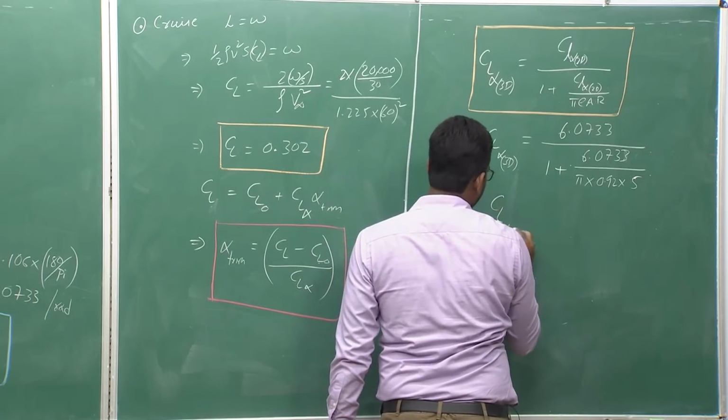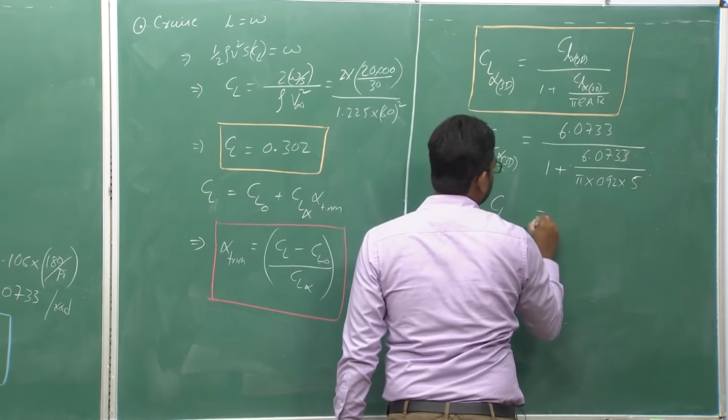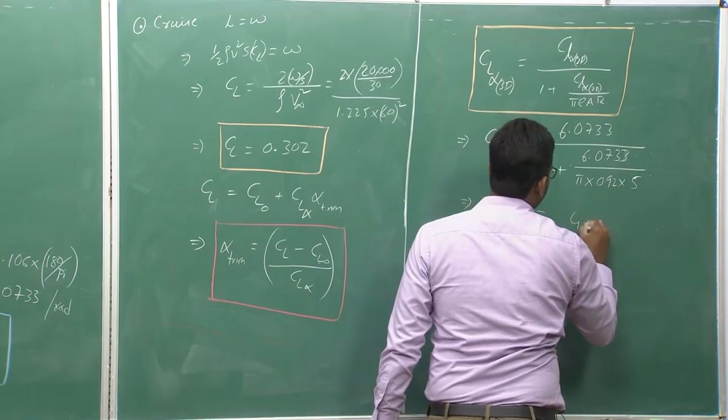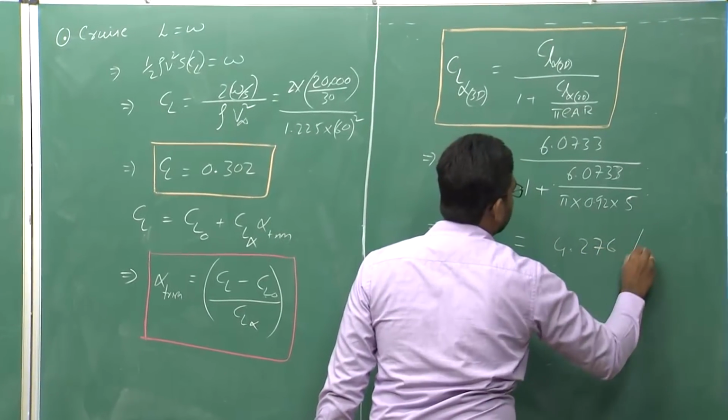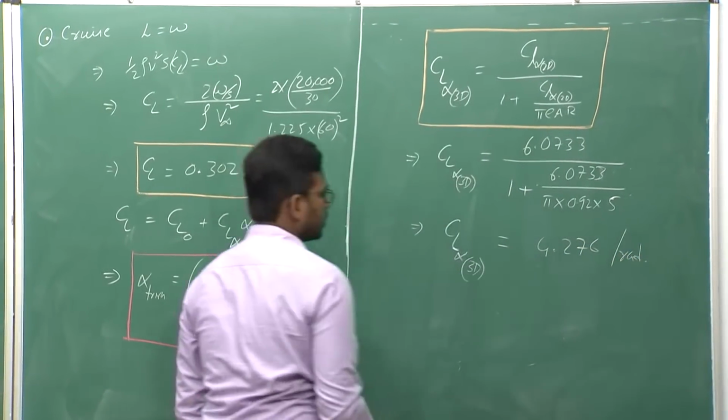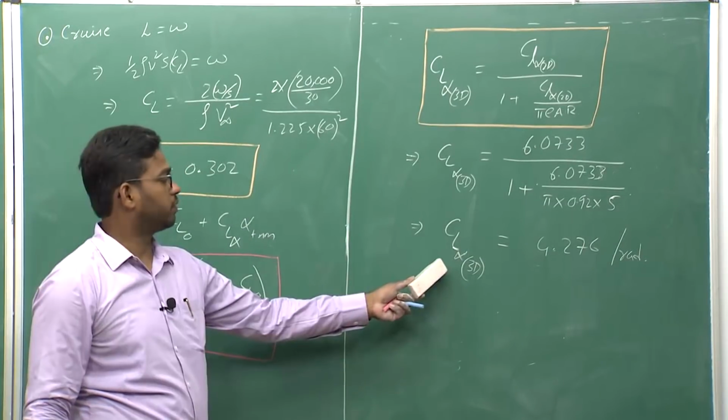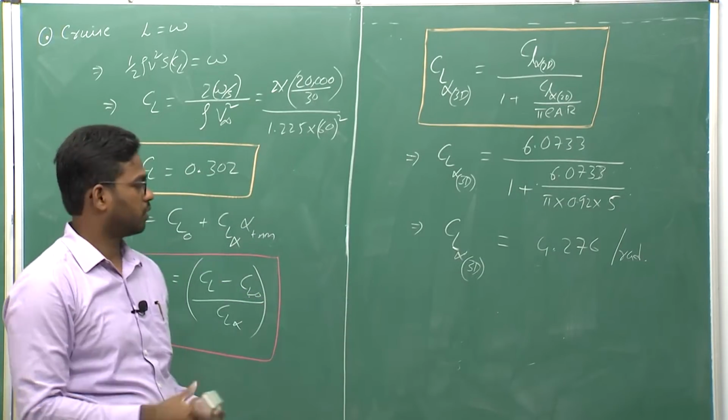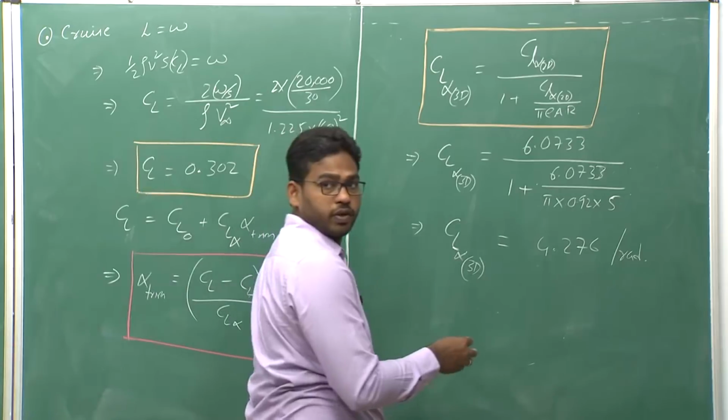CL alpha 3D is equal to 4.276 per radian. So this is the corresponding lift curve slope of the wing.